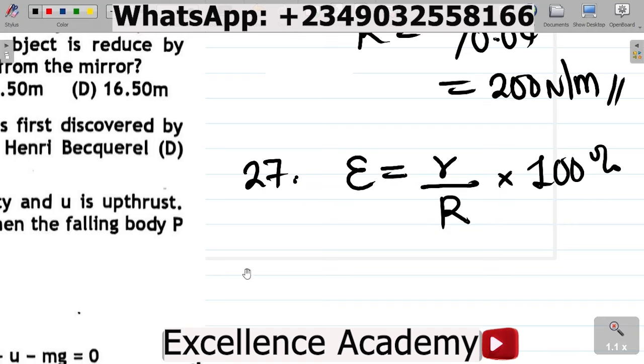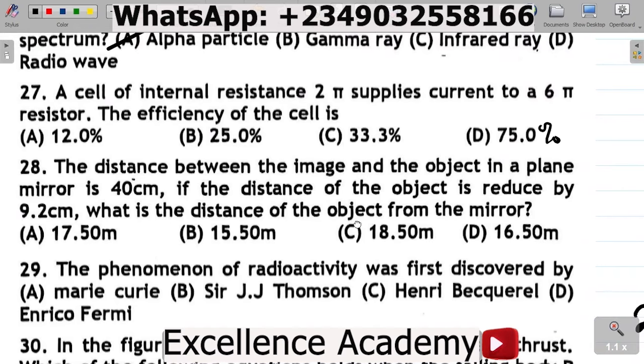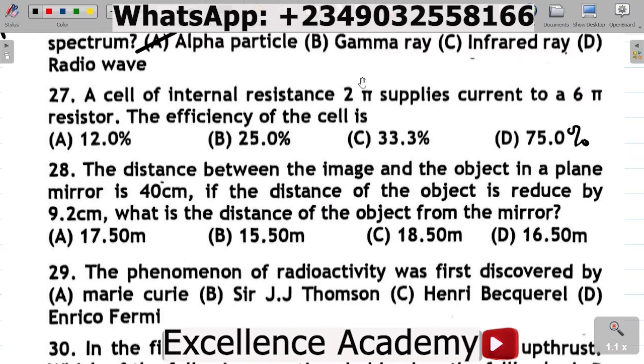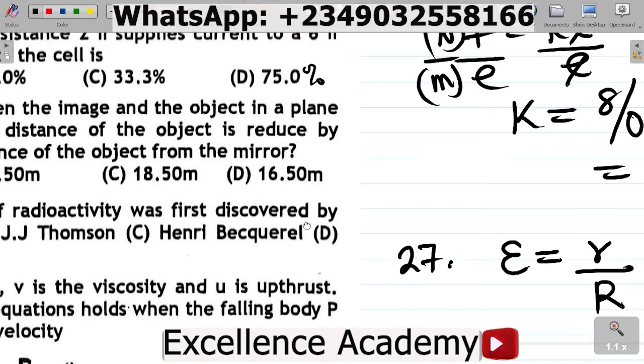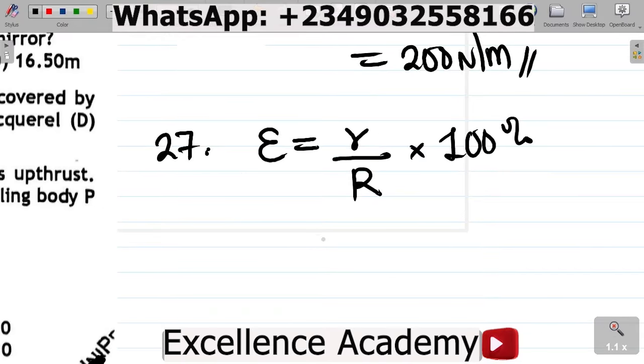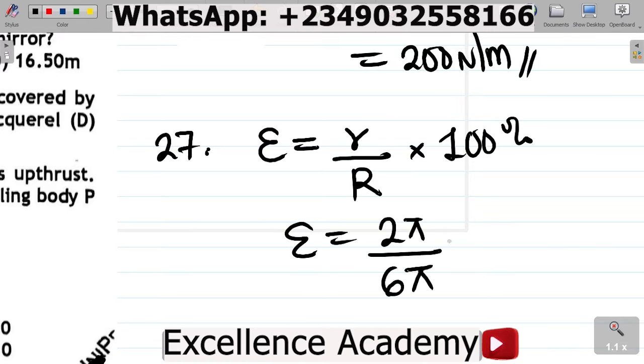The value of small r is simply the internal resistance, while the capital R is the other resistor here. So this internal resistance is your 2 pi, so it becomes your small r. Efficiency is equal to 2 pi all over the external resistance, which is 6 pi, as we have, times 100%.